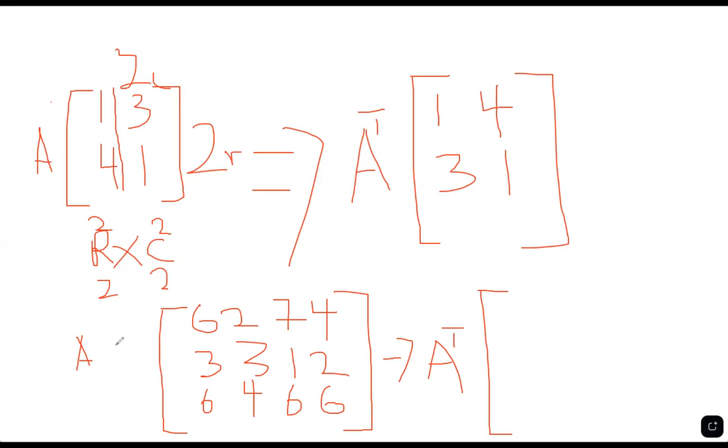So basically, we have the transpose of A is 6, 3, 6, 6, and then 2, 3, 4, and 7, 1, 6, and then 4, 2, 6.